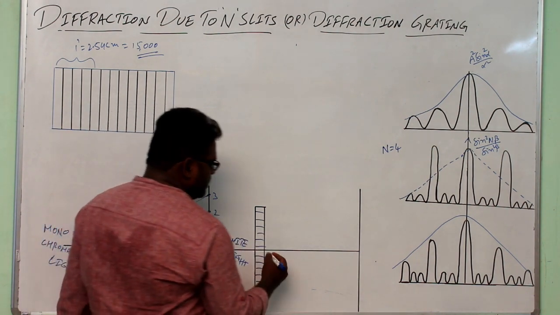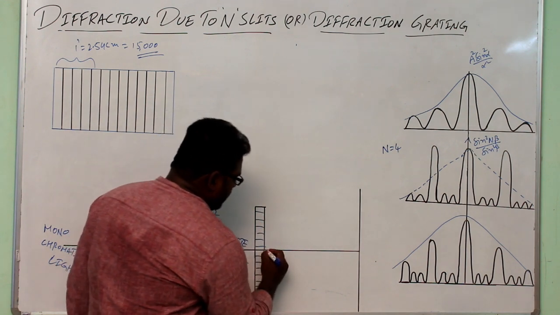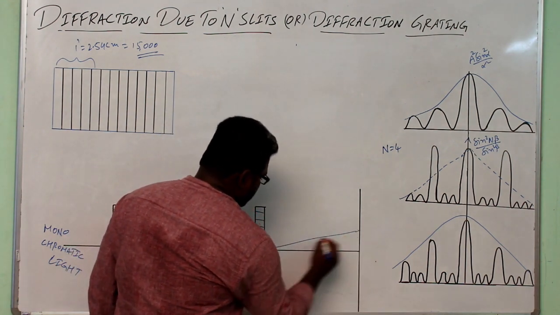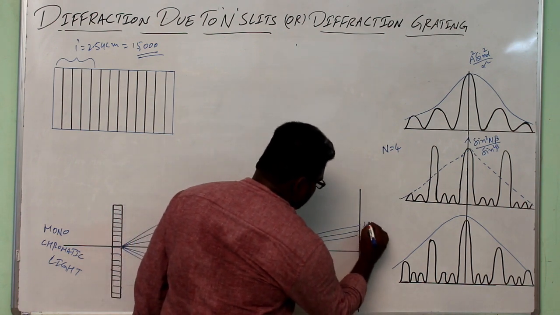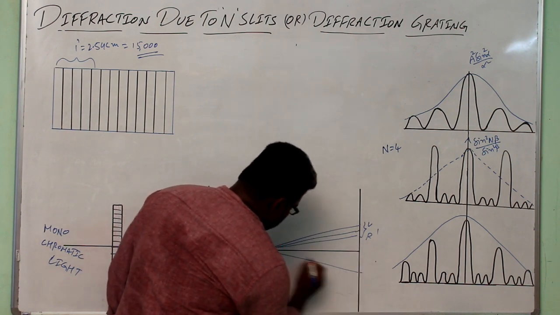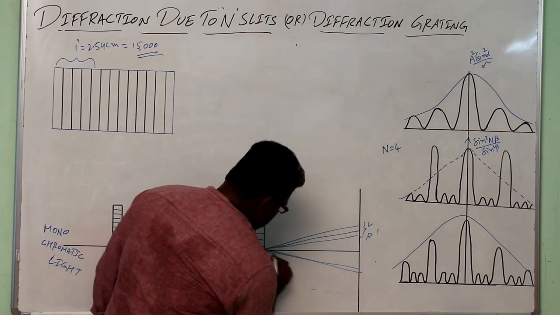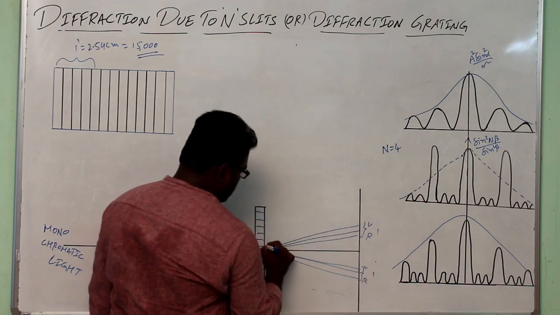Here also we can observe a principal maxima which has more intensity. And now in the first order itself, 7 colors will form, starting from violet to red. This is your first order. On the other side as well you can have violet to red, first order.